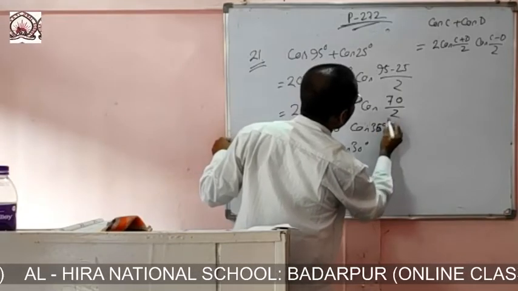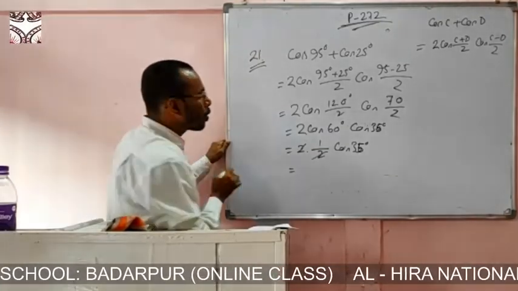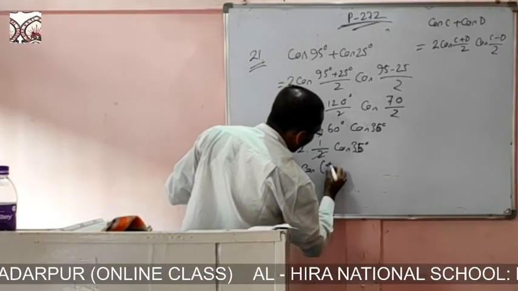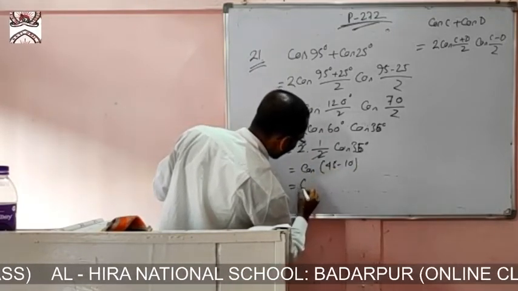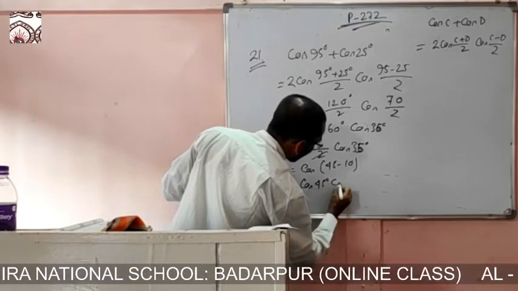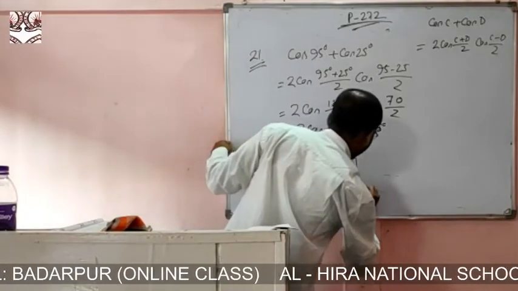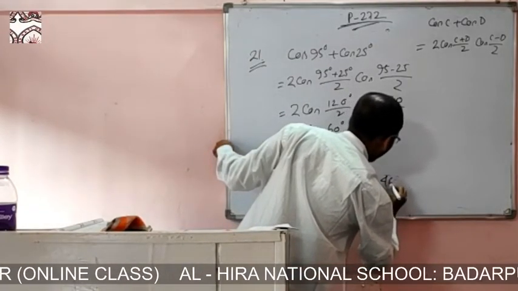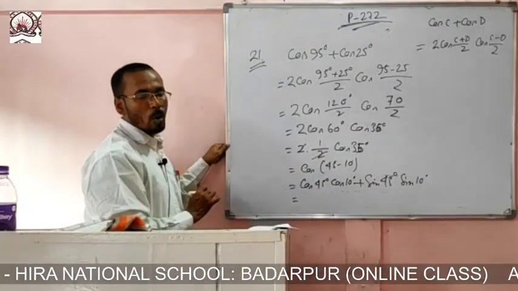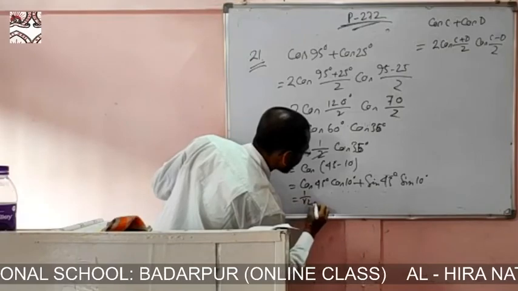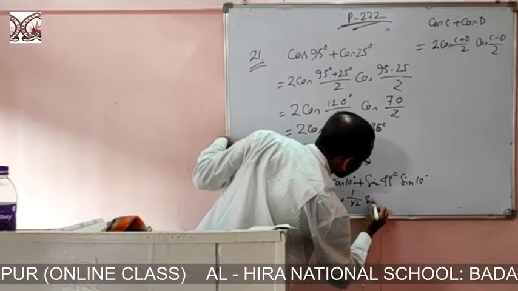So cos 35 we can write as cos (45 minus 10), and cos (A minus B) is cos A cos B plus sin A sin B. So cos 45 degree value is 1 by root 2, so this is 1 by root 2 cos 10 plus sin 45, also 1 by root 2, sin 10.